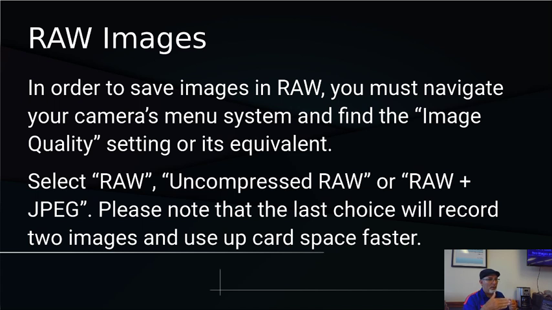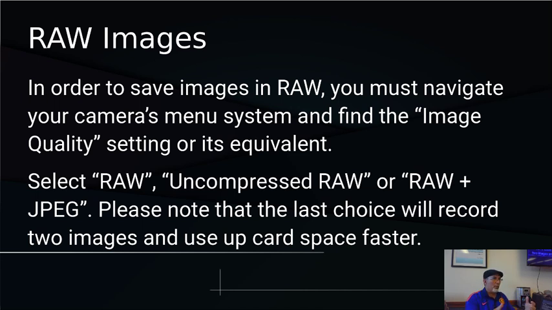And basically we're throwing away oodles and oodles of color information. So they added through a firmware update an uncompressed RAW which stays at 14-bit. And RAW plus JPEG will save the RAW file and will cook you a JPEG copy as if you were shooting regular JPEG and write it on the same card.